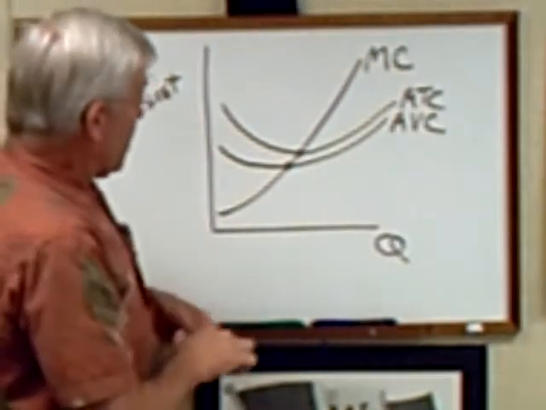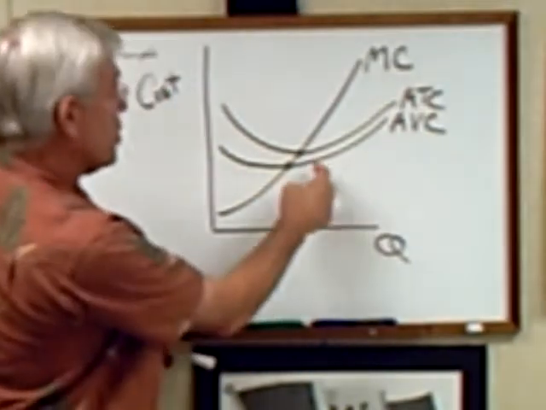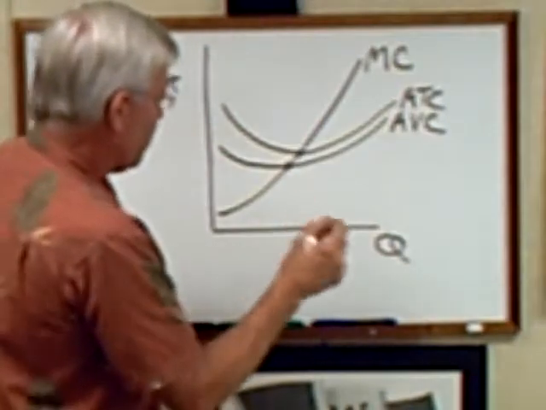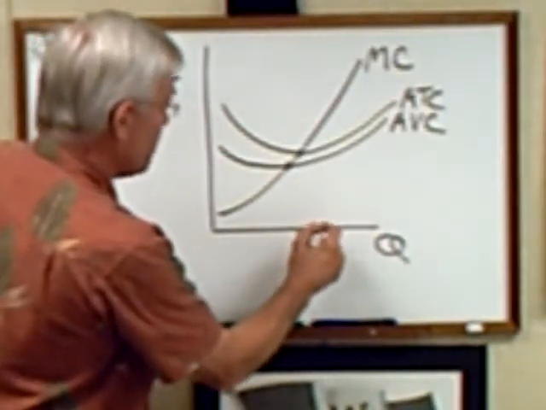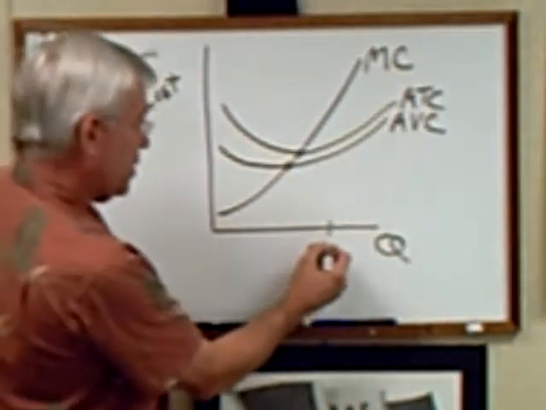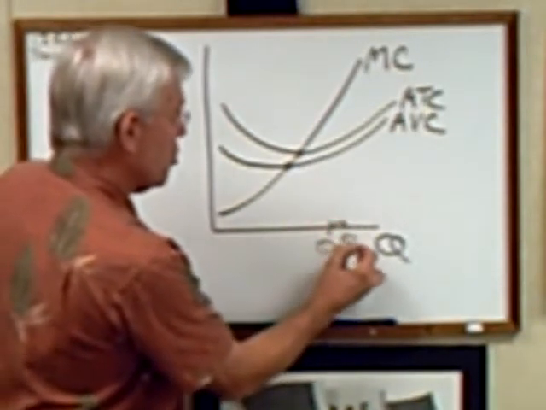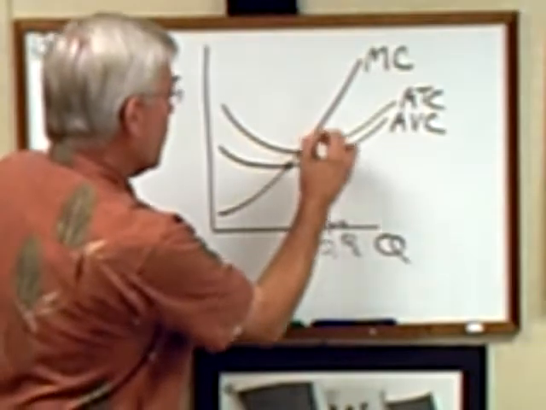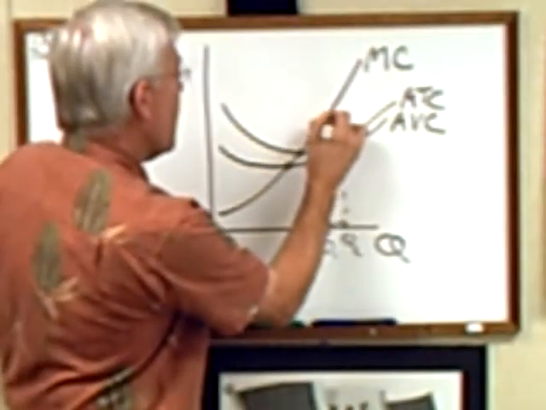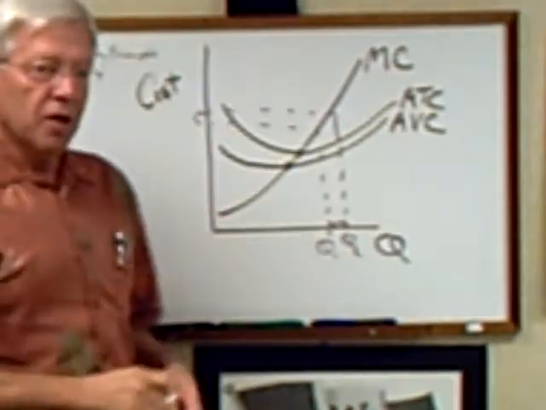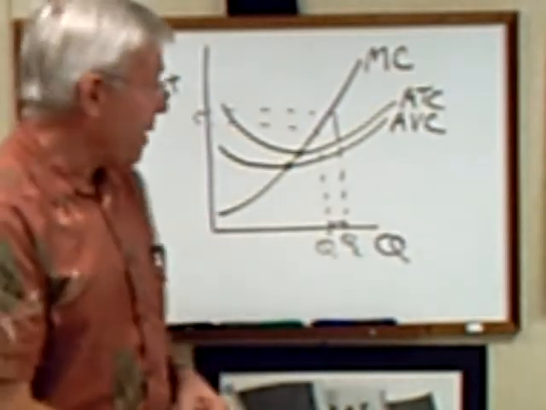To add one more unit of production causes the addition of one more unit of cost. For example, let's say the business is producing here at quantity 1 and it wants to increase to quantity 2. Well, it will have to add a little bit of cost to make that change happen.